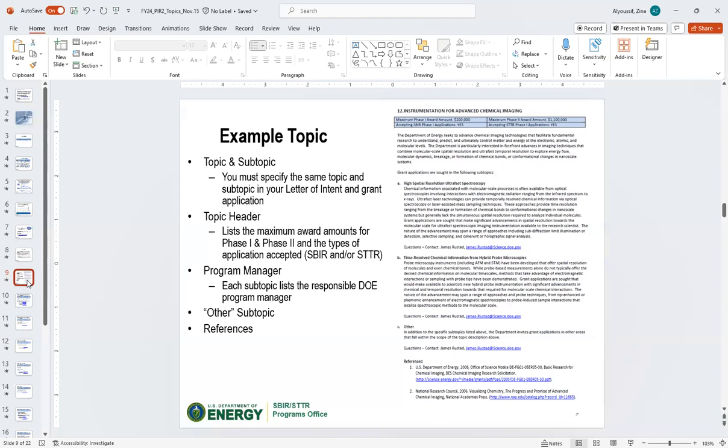The general topic description explains what the topic is about and maybe some context on where it falls within the mission of the program. Below that, you see the subtopics that describe specific opportunities in which proposals are requested. You will notice that a good number of the topics have an "other" subtopic. Under this subtopic, you can submit proposals that fall within the general topic description, but do not fit with any of the other subtopics.